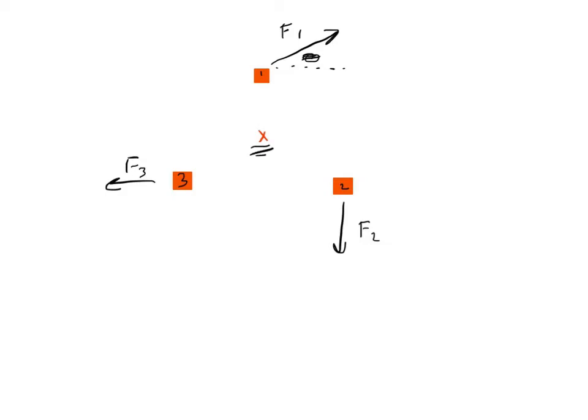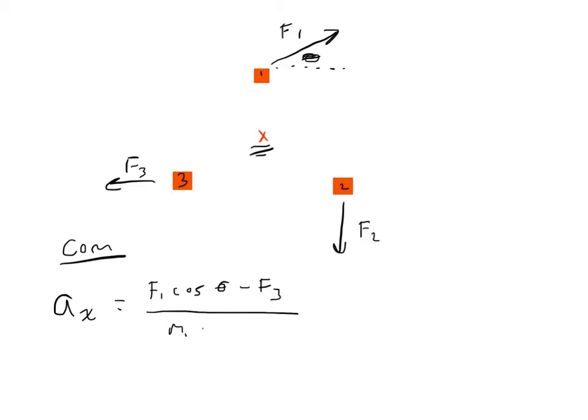These forces are applied. What will be my acceleration of the center of mass? Well, what we can do is we can think about the x acceleration of the center of mass. So we're looking at the center of mass is simply all of the x components, so that would be F1 cos theta minus F3 over the total mass of the system, so M1 plus M2 plus M3.